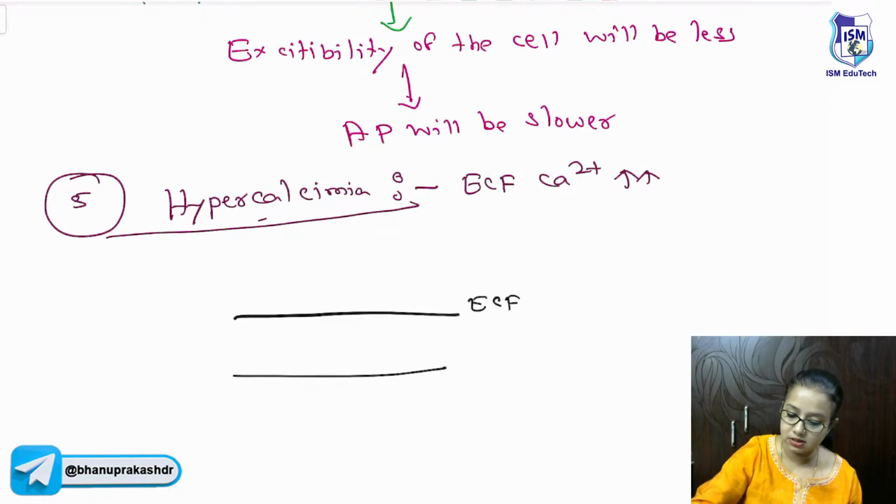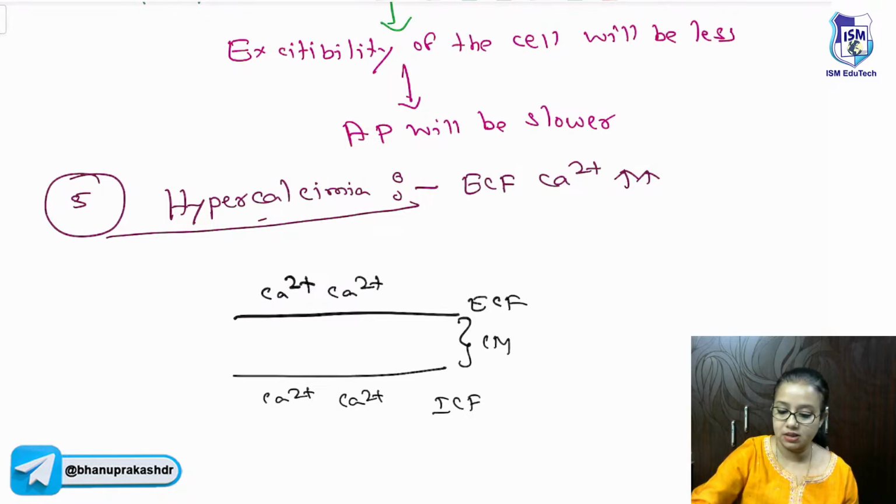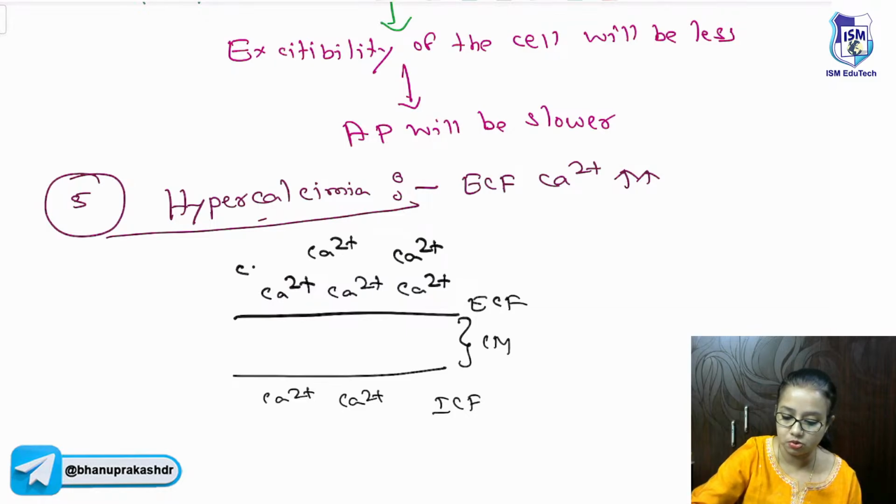This is the ECF, this is the ICF, this is the cell membrane. In normal condition, the calcium level is more in the ECF compared to the ICF. Now, in case of hypercalcemia, the calcium level increases much more in the ECF.